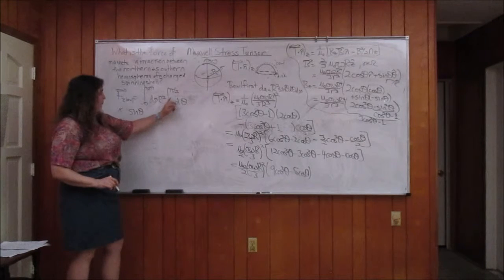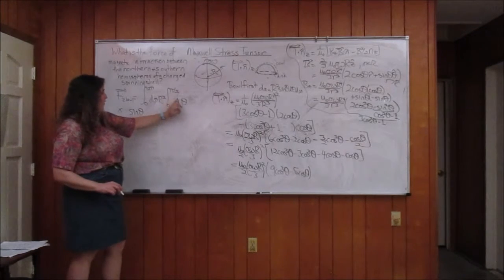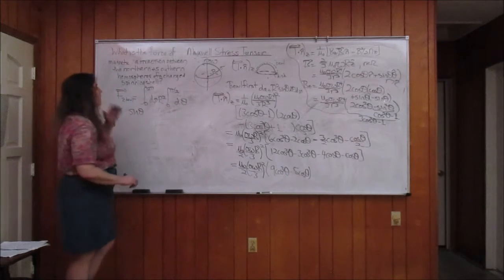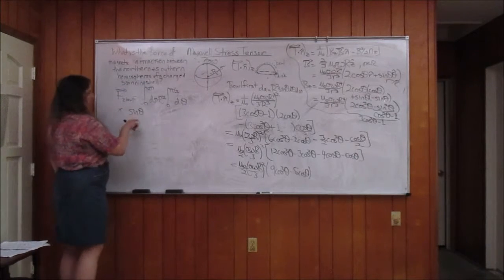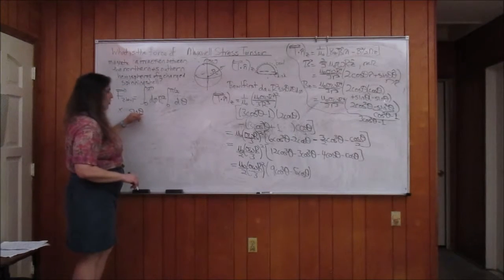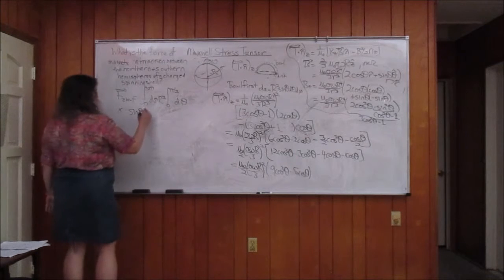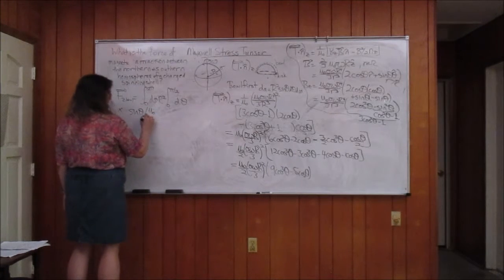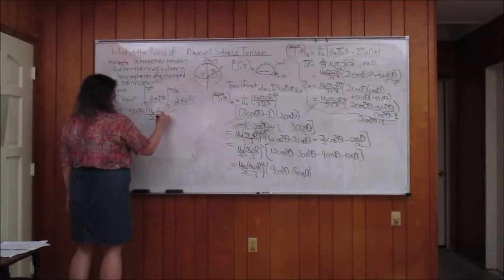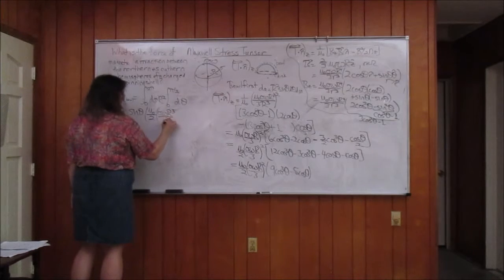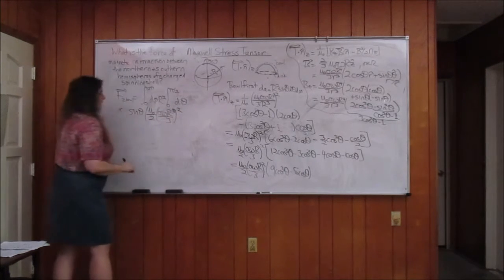And we're going to integrate from 0 to pi over 2, because it's just over the hemisphere, just the upper part of the charge sphere. So we've got sine theta, and now we've got all this stuff out front.